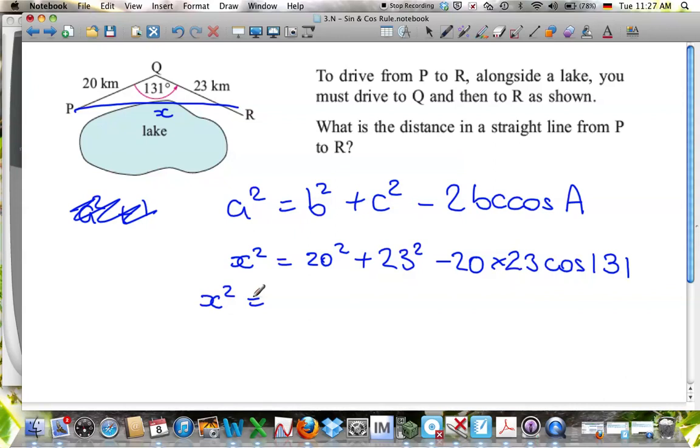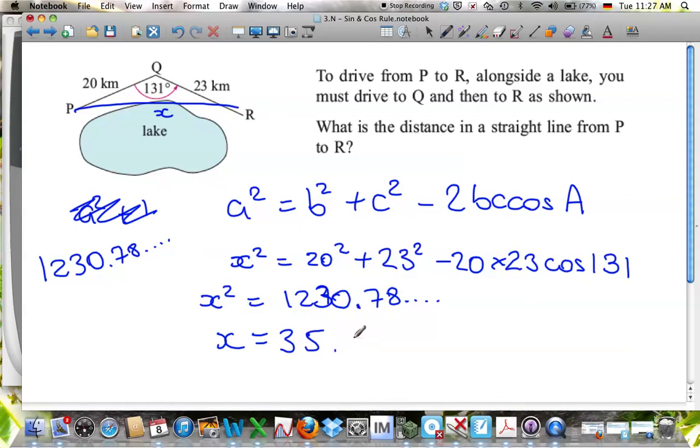Hopefully you're doing that at the same time, and hopefully you get the same answer as me. x squared equals, I'm getting 1230.78... It's optional to write that step, but then we need to square root, and that gives me an answer of 35.08257. Hopefully I've typed all that in right. The answer is 35 kilometers.